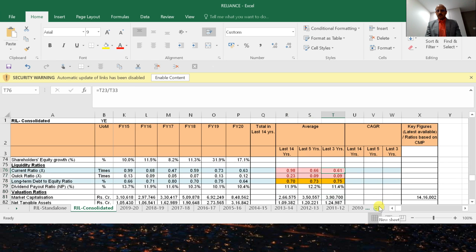The liquidity ratios, current ratio and quick ratio, are in the red color because they are far less compared to one.